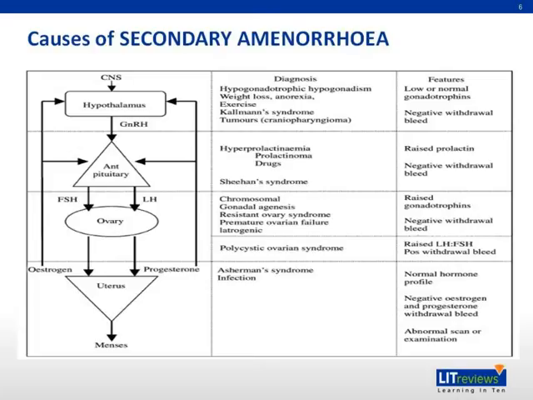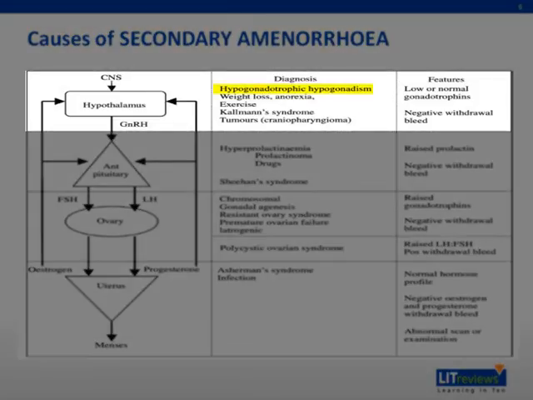So we divide the causes of amenorrhea depending on the area of disturbance. For instance, in hypogonadotrophic hypogonadism, this is a condition where GnRH production is slow, and this could be due to various factors such as stress, weight gain, weight loss, or anorexia.